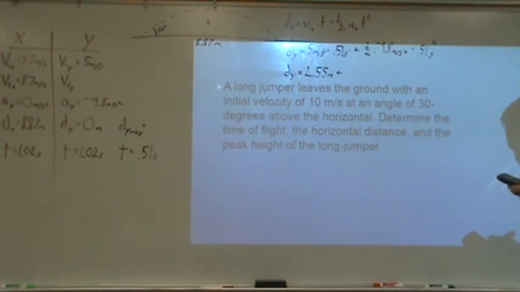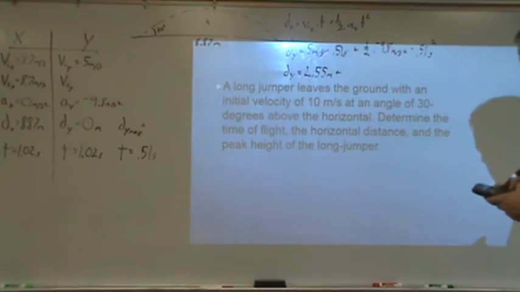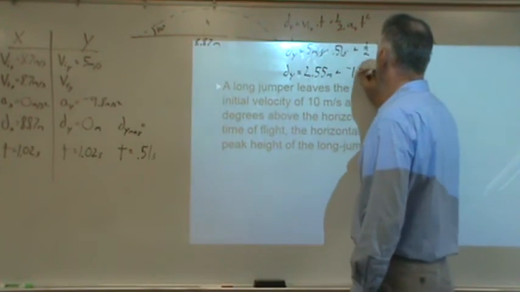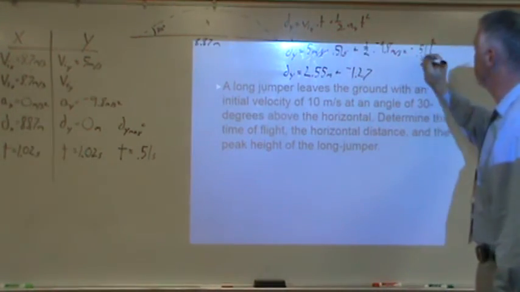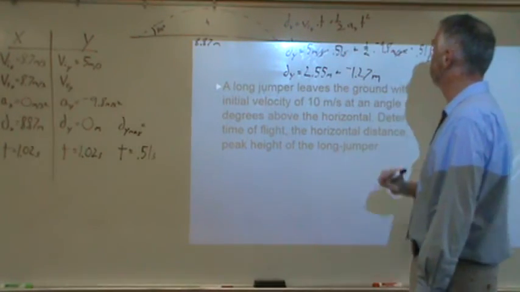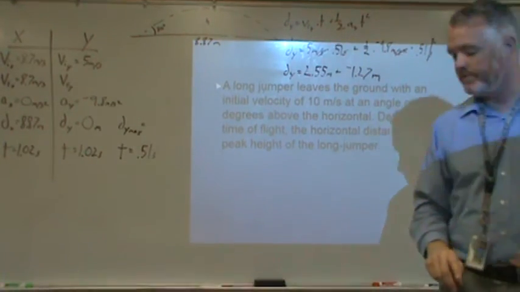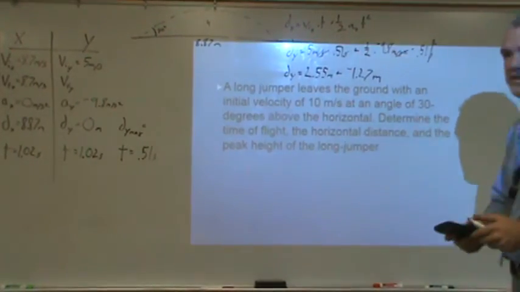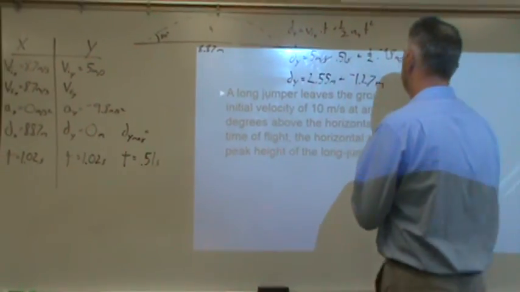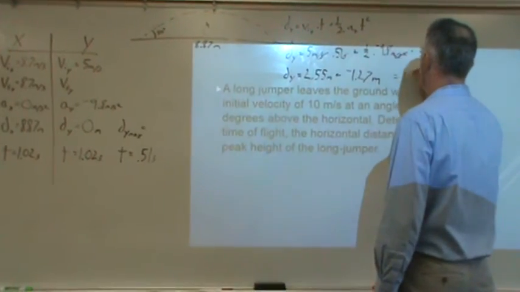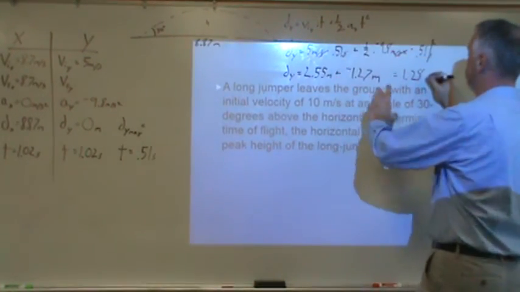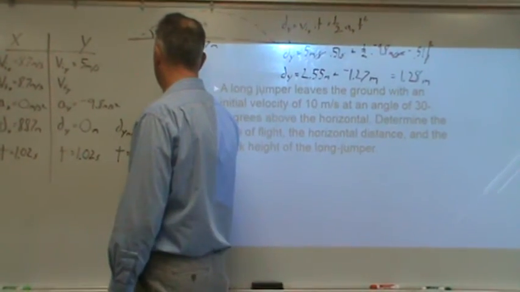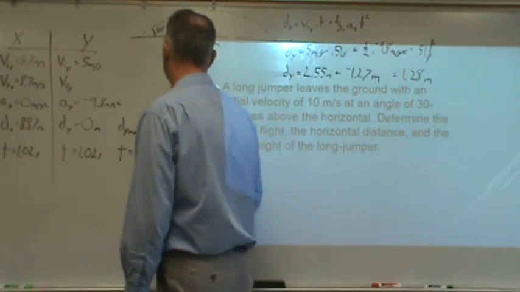Negative 4.9, negative 1.27. Seconds squared cancels out, leaves me in meters. 2.55 plus negative 1.27, 1.28. Already meters on both, so meters. There's my maximum height, 1.28 meters.